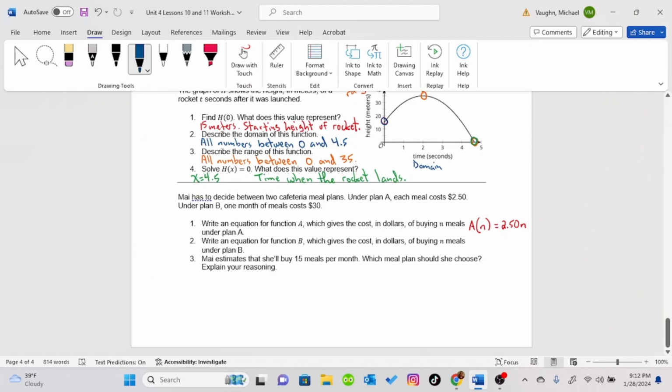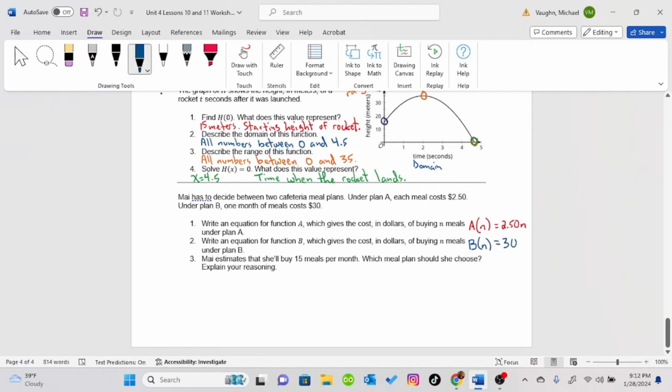Number 2, write an equation for function B which gives the cost in dollars of buying n meals under Plan B. So this time we would call it B of n, and it is a flat rate of $30.